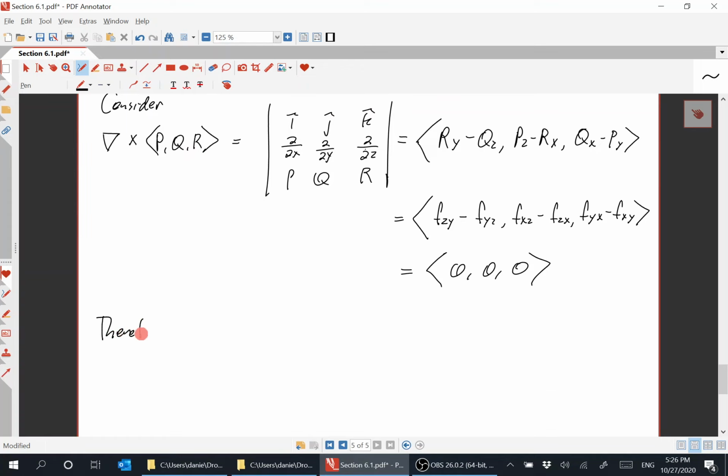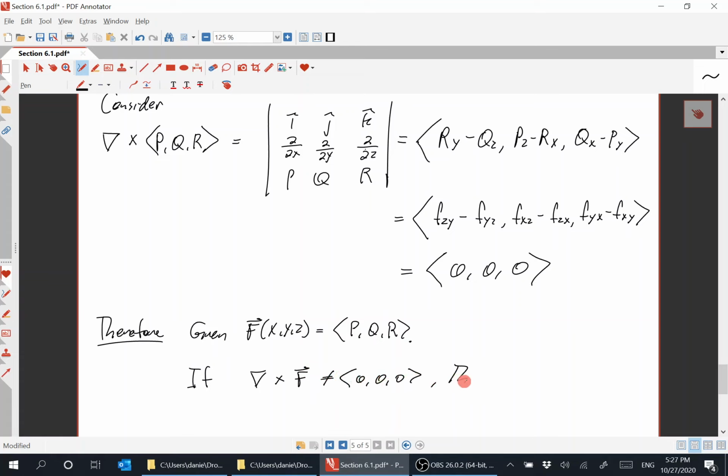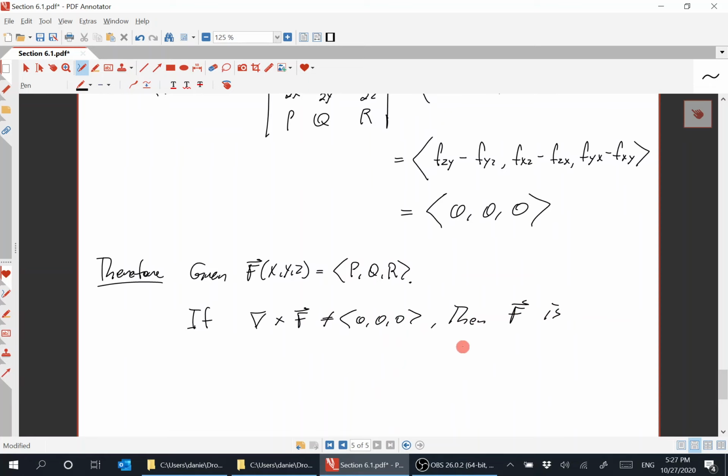Therefore, given a three-dimensional vector field F of x, y, z equal to P, Q, R, if gradient cross F is not equal to 0, 0, 0, then F is not conservative.